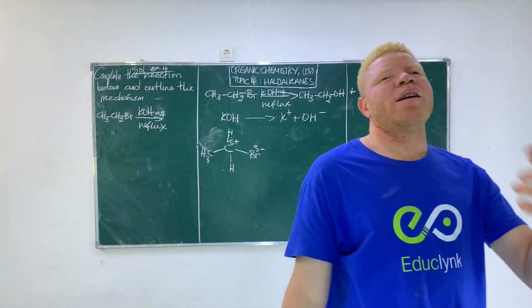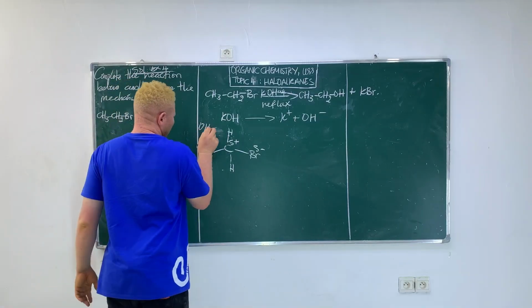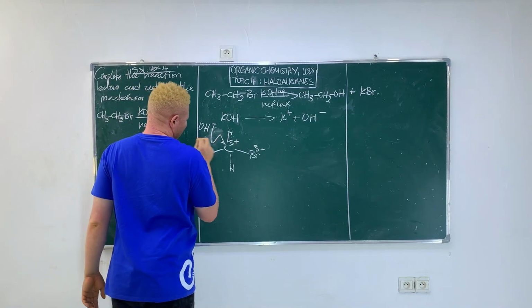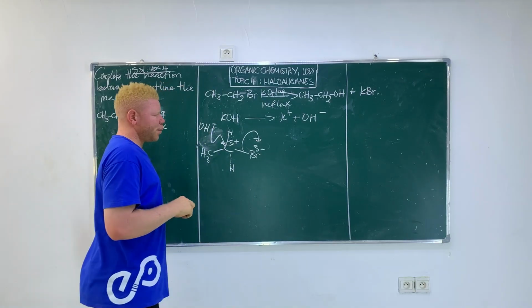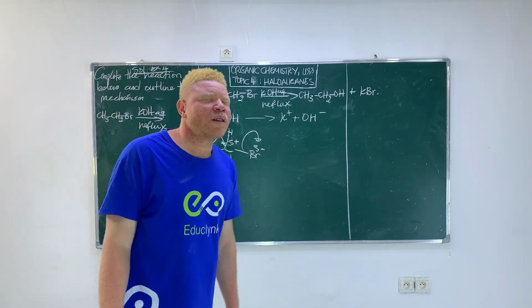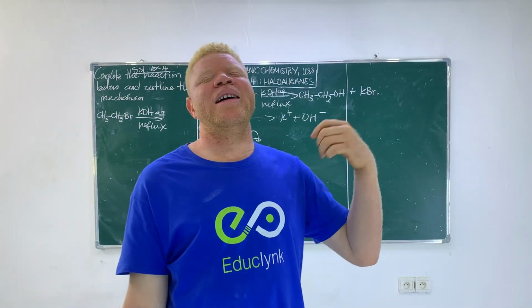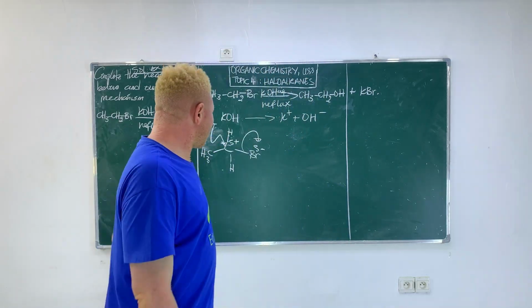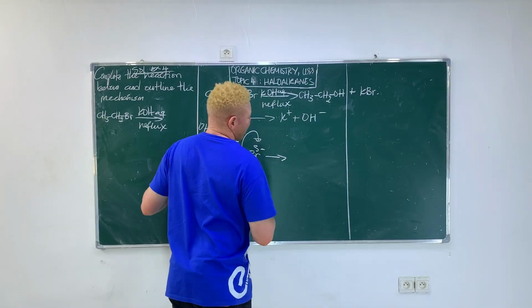So the nucleophile comes from behind. So you have OH minus that attacks, with the departure of the leaving group. So the OH minus comes from behind. So it's a backside attack. So at the end of the day, we are going to have this guy and ethanol.